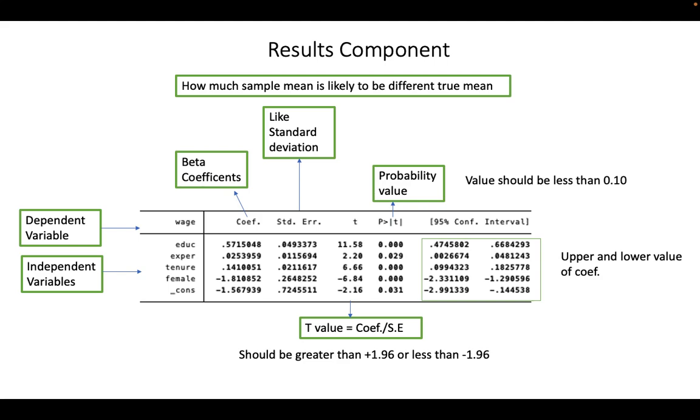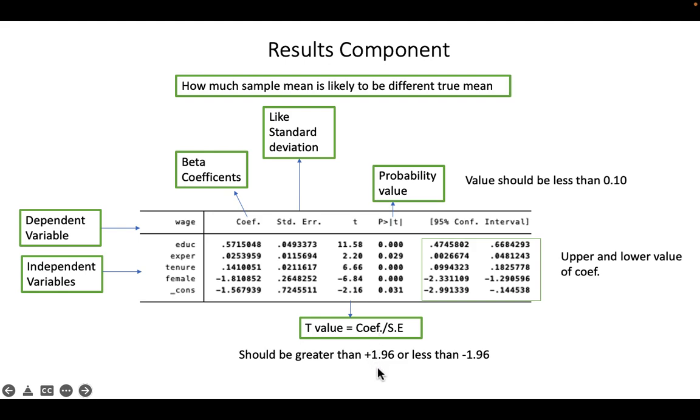How much is it? Using the standard error, if you divide the coefficient by it, you end up with what's called a t-value. I'm sure you've heard about hypothesis testing during your degree somewhere, and this t-value can then be compared from a t-table.